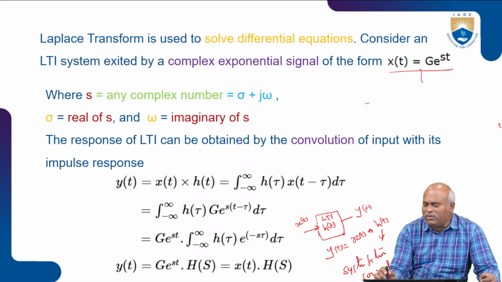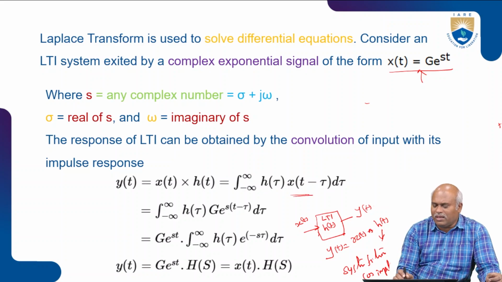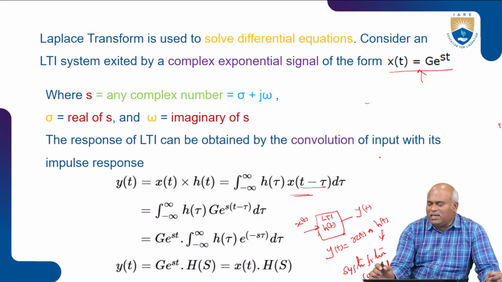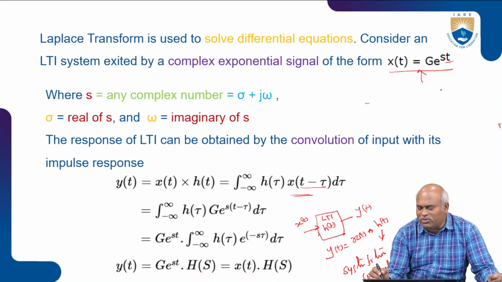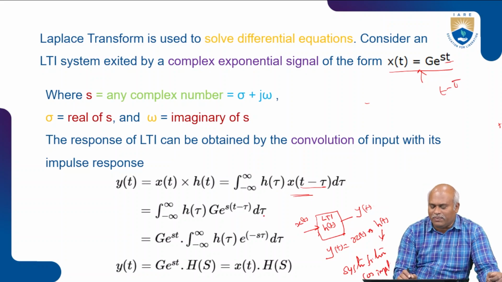So we substitute the x value here in the integration from minus infinity to plus infinity of h of tau x of t minus tau d tau. One shift is going to happen, that's why I write G e power s of t minus tau. Where t is present, I substitute t minus tau.